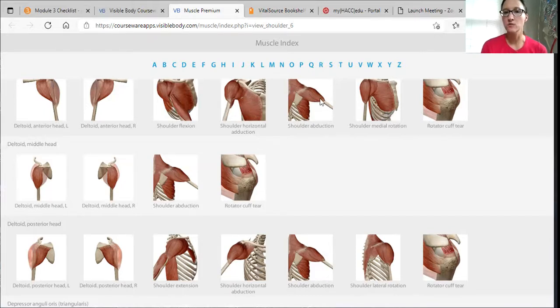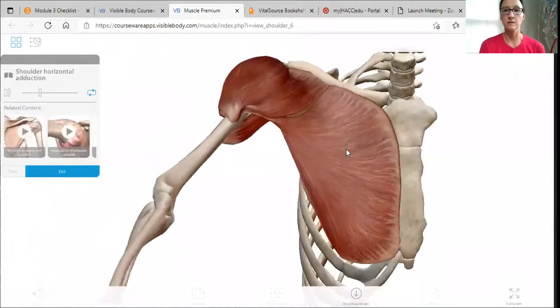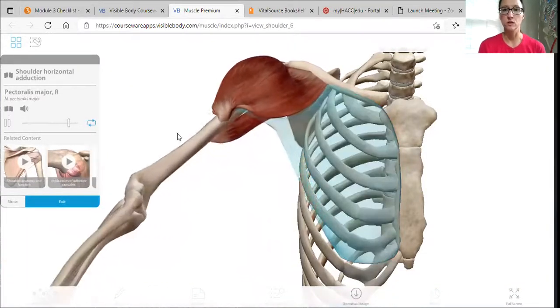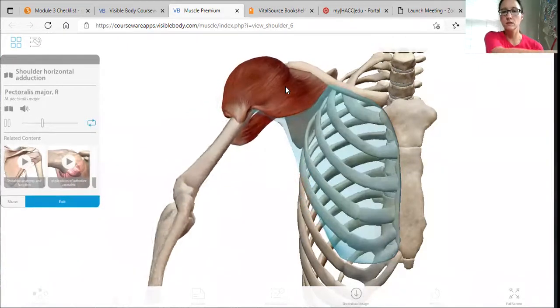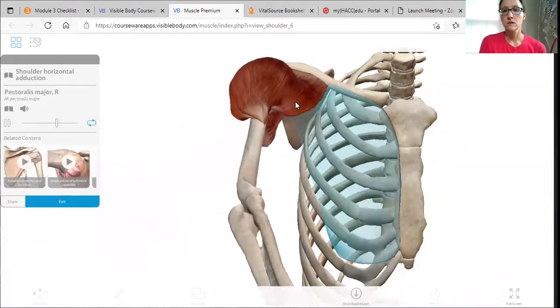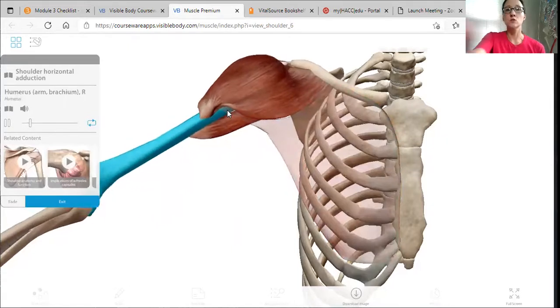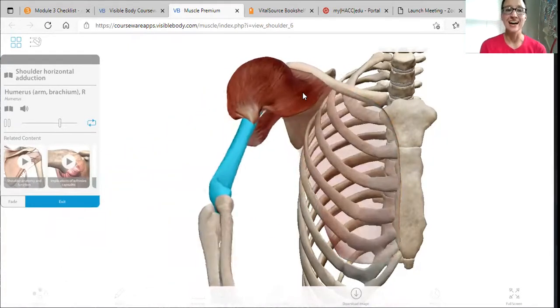Now, abduction is for all the fibers, so you know what that looks like as well. So let's look at horizontal adduction. Let's see the muscle moving. There it is. And I'm going to fade pec major because I just want to focus on anterior deltoid. So here it comes in. It's contracting, so it's pulling the humerus towards the clavicle. Horizontal adduction.